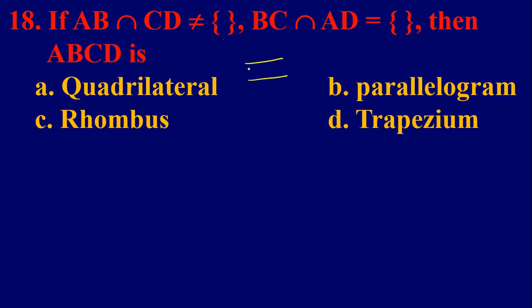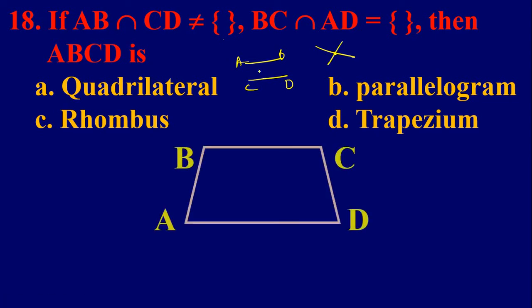If two sides are parallel, they will not intersect. If they intersect, we have one common point. Therefore AB intersection CD not equal to the empty set means they are not parallel. So we can consider that AB and CD are not parallel. But BC intersection AD is the empty set.